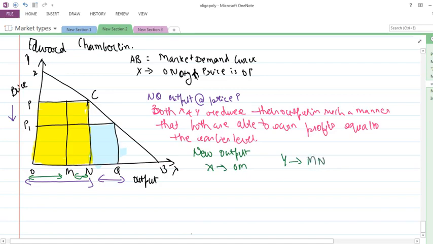As a result, what happens कि दोनों एक consensus पे arrive करके they reduce their outputs in such a manner that the price again moves from P1 to P, and due to this the profit of both the companies remains as it is.